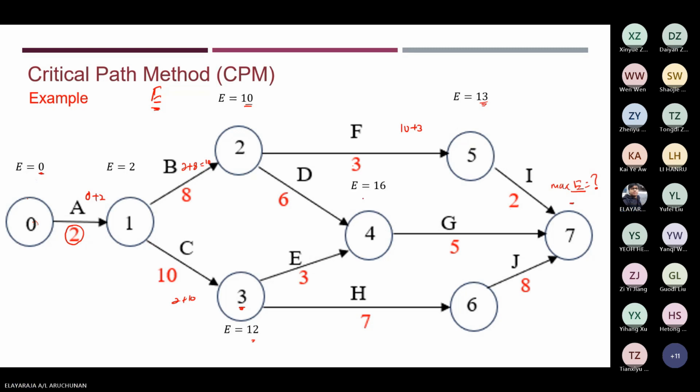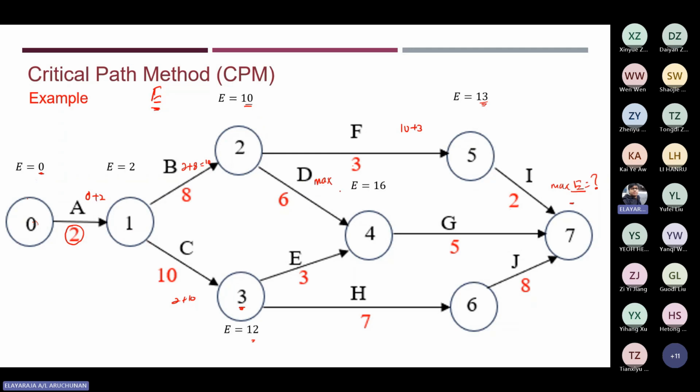As we know, there are two types of it. First is from this option, which is A, B, D or A, C, E. As I said earlier, we should take the maximum value, the maximum earliest starting time.